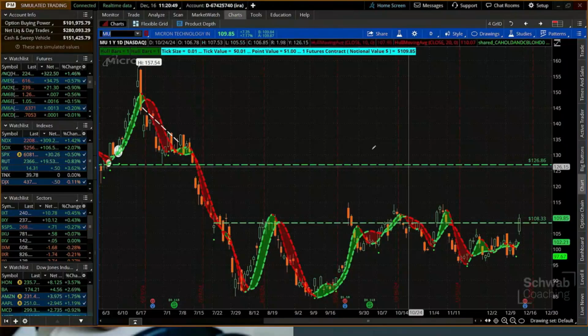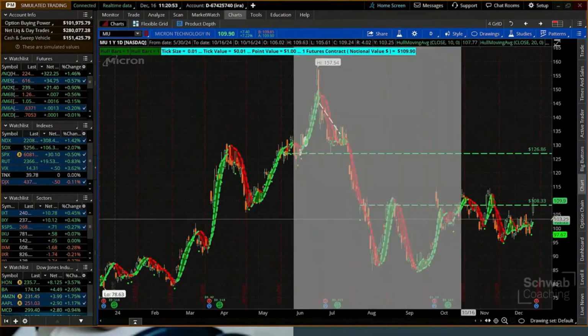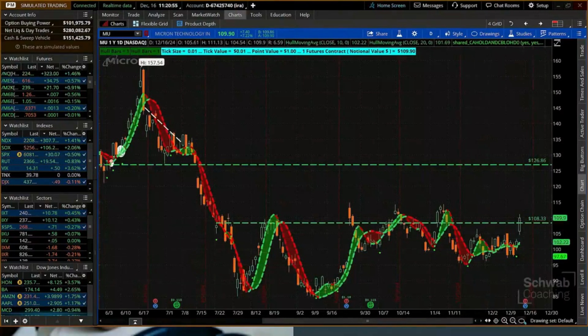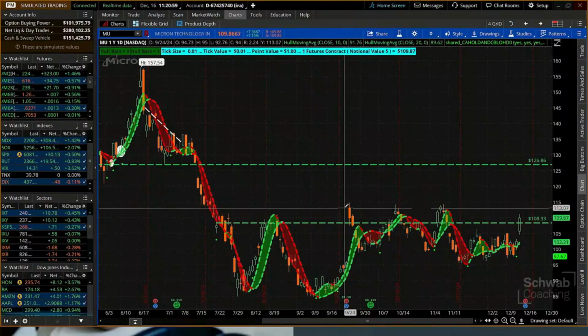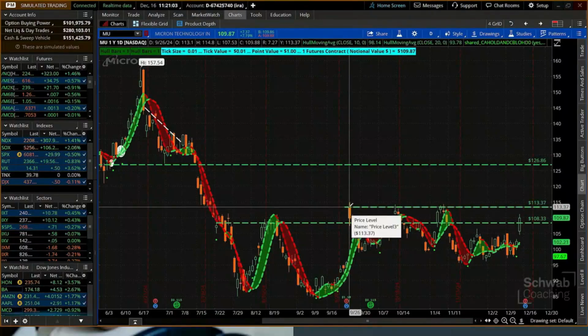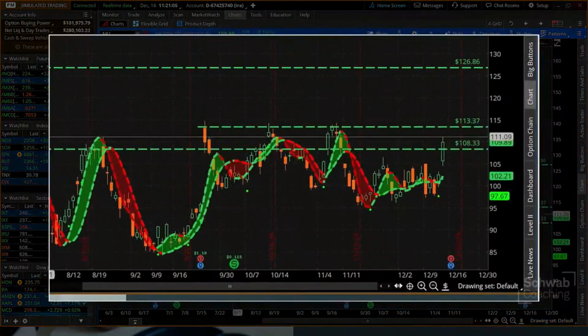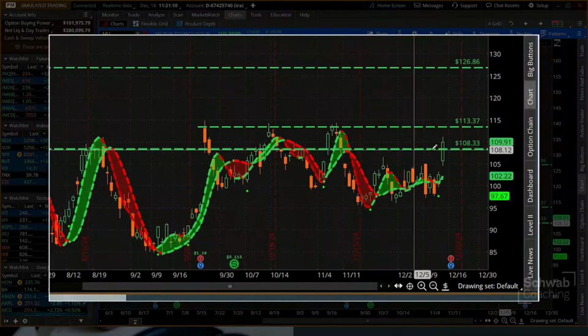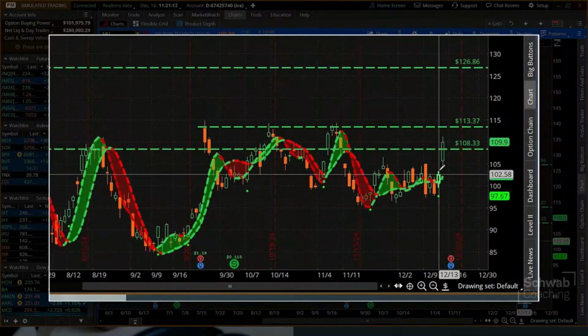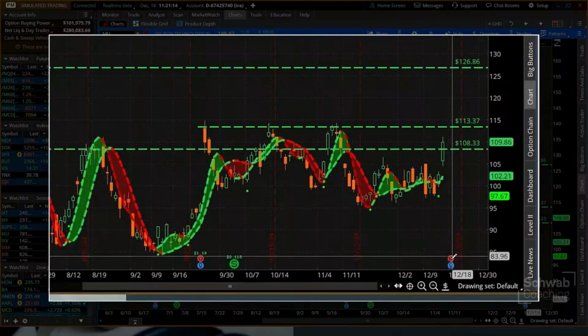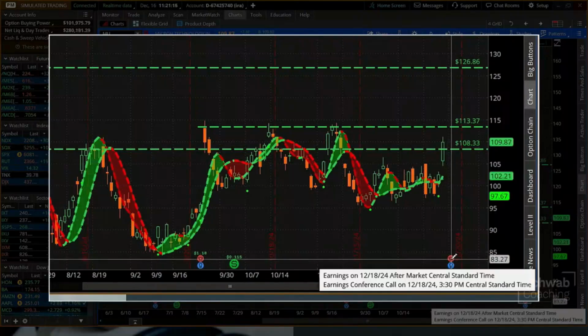When we talk about a bullish channel, we're talking about where the price is going back to the upside, or trying to. I'm going to mark this here as well. So we got 3 touches at 113, just good old resistance. And we have a couple touches about the 108. Today, the price is gapping to the upside with earnings on this one on the 18th.